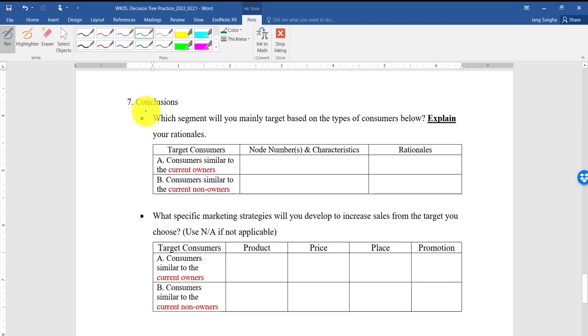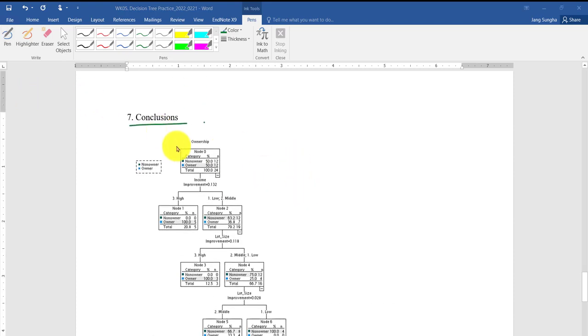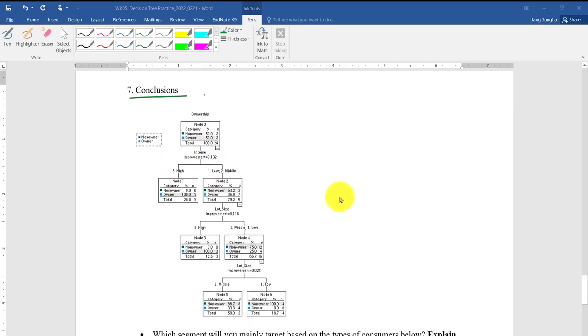Question 7, conclusions, which would be the most important part. I copy and paste the tree, and after we complete our decision tree analysis, our main goal is to select or target a segment or segments, and then develop marketing strategies for them.